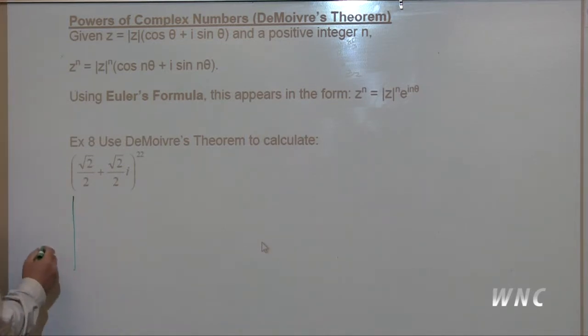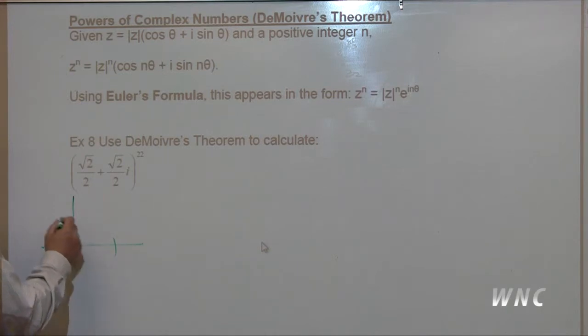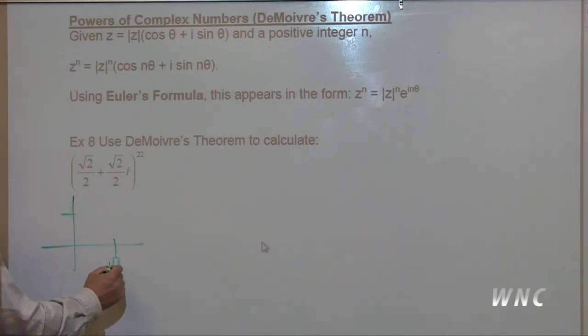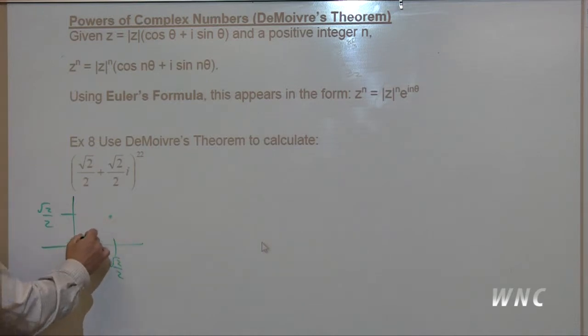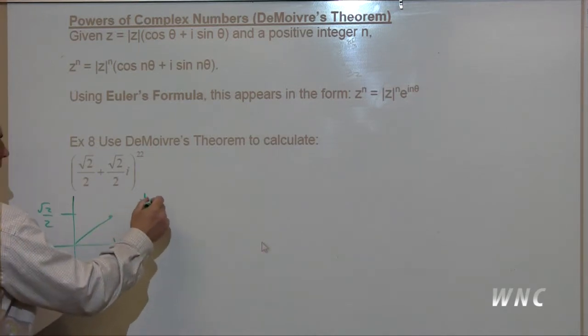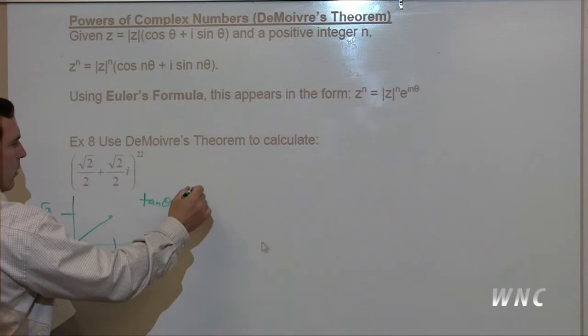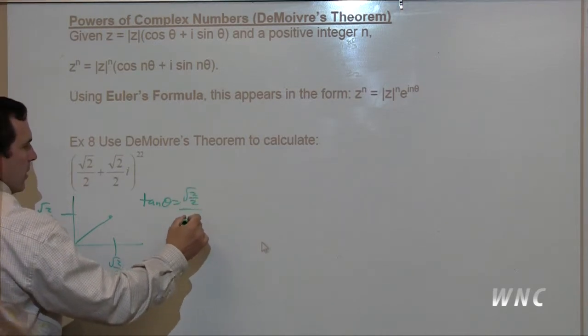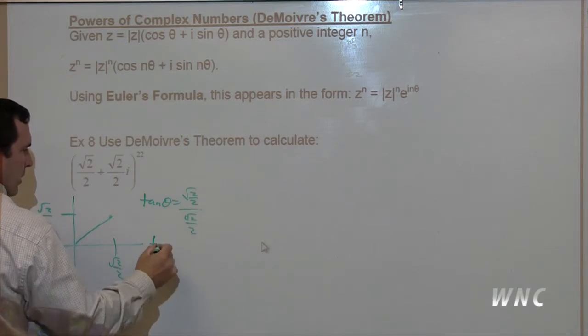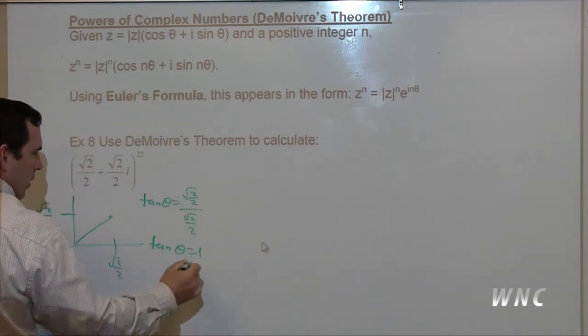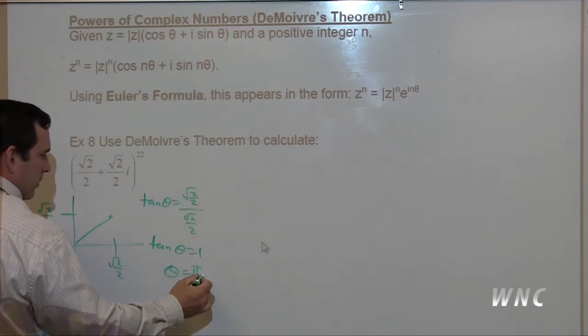If we graph that, it's going to be up here in the first quadrant. So if we say tangent of theta is square root of 2 over 2 divided by square root of 2 over 2, so tangent theta is 1, theta must be pi over 4.